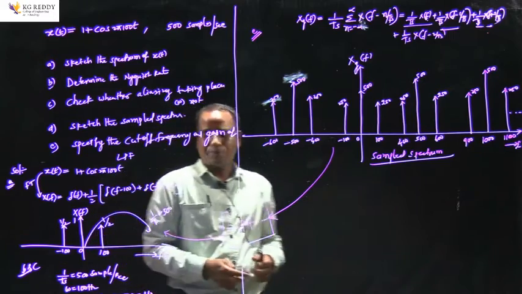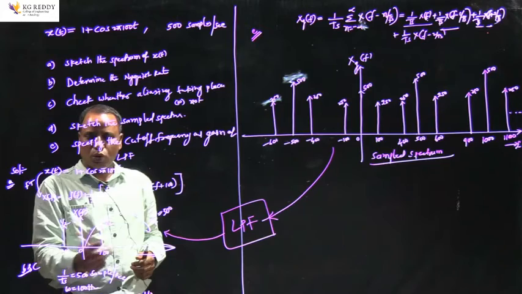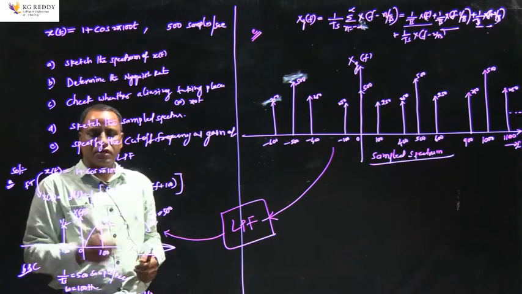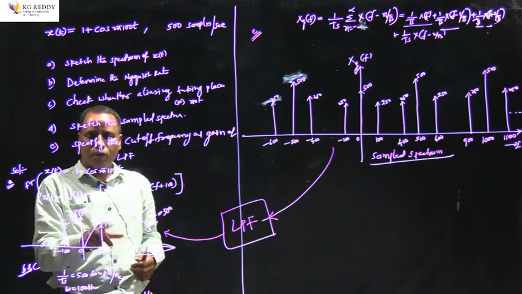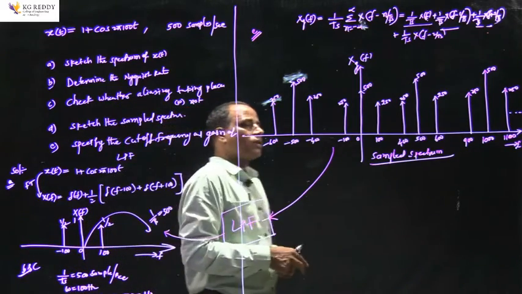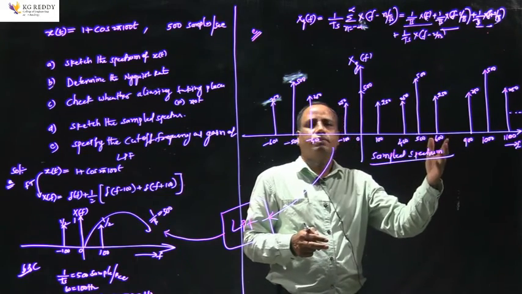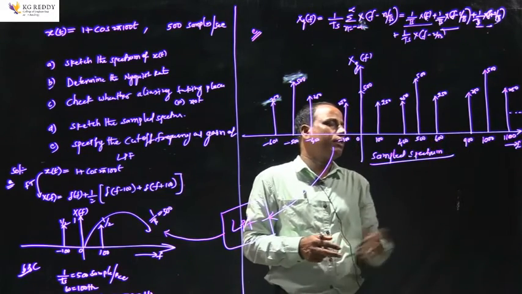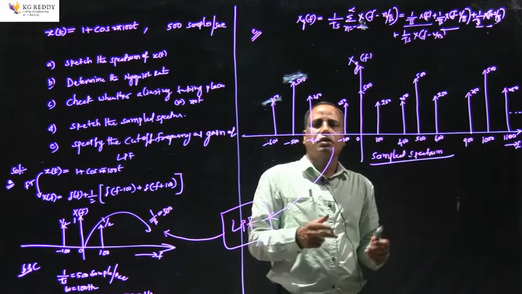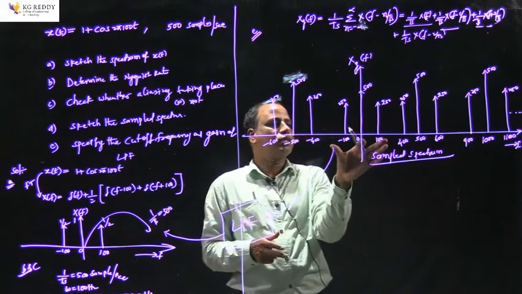Now if you look at the original spectrum, we have three components: one at 0, second at 100, and third at minus 100, with amplitudes of 1, 1 by 2, and 1 by 2 at minus 100 and plus 100 respectively. Whereas here in the sample spectrum you have an infinite number of samples to the negative frequency and to the positive frequency, and we require only this portion of the signal.